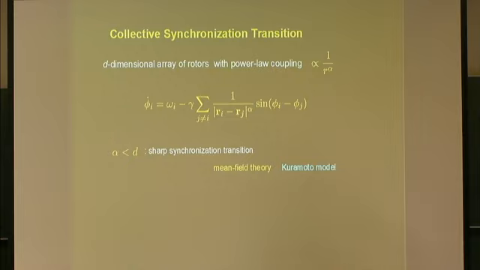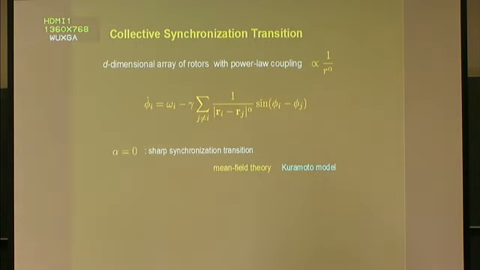And when alpha equals 0, there is a well-known mean field theory called the Kuramoto model. So we expect a sharp synchronization transition, an order-disorder transition. And we can extend this to alpha smaller than d.